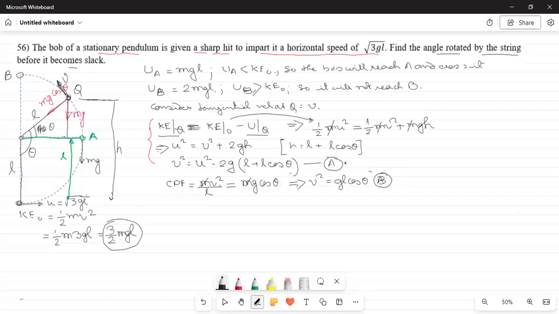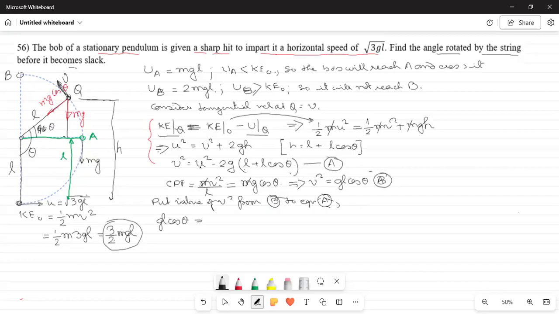So now we put the value of v square from here in equation A. Equation A had v square on the left hand side, which is equal to gl cos theta. Therefore, gl cos theta is equal to u square minus 2gl plus 2gl cos theta.